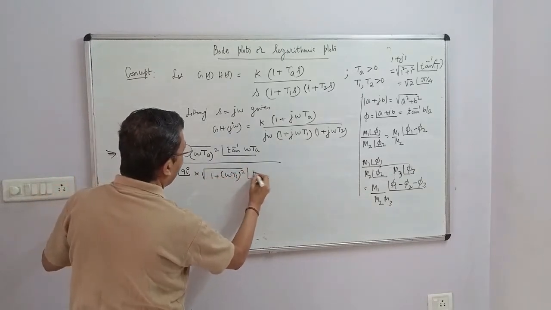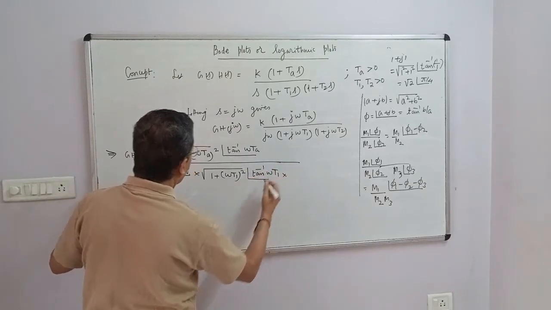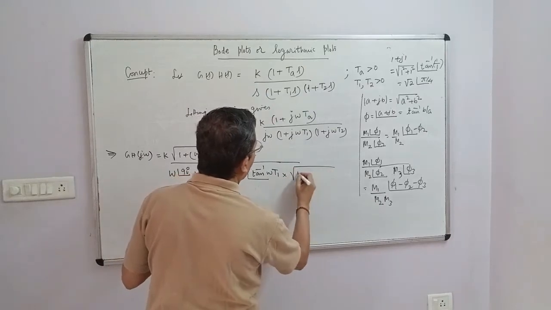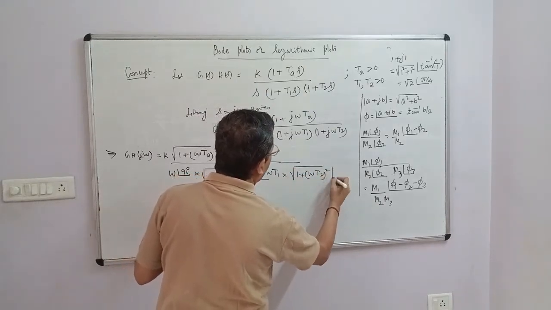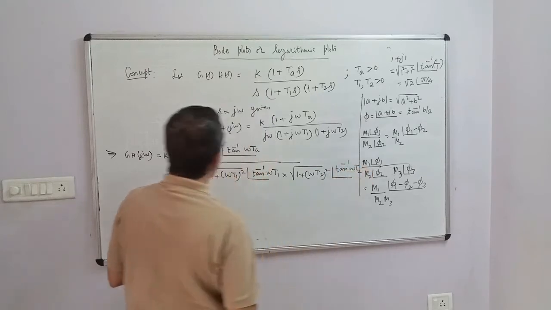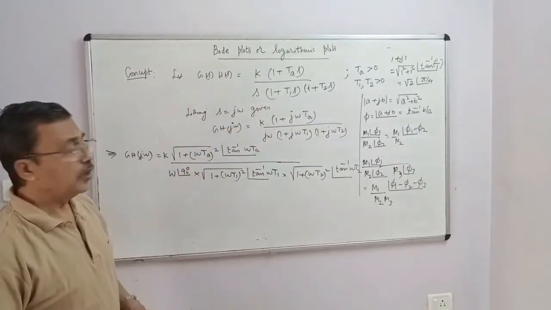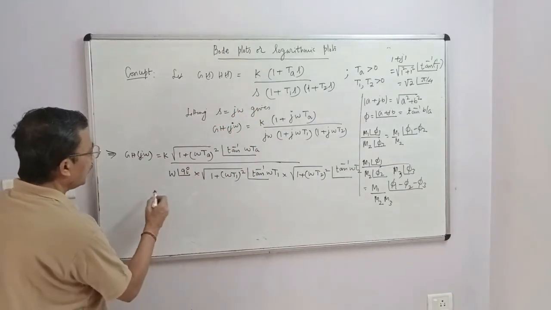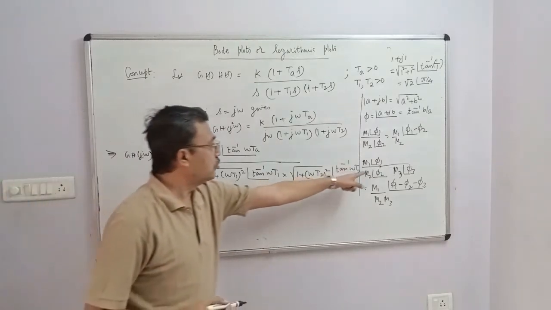Angle is tan inverse of omega T1, into the square root of (1 plus omega T2) whole square. Angle is tan inverse of omega T2. Each complex number in rectangular form is converted into polar form. We'll multiply the magnitudes and add the angles as per this rule.